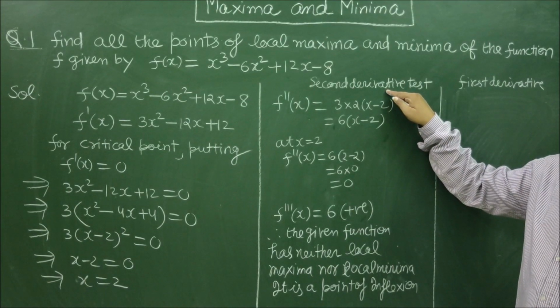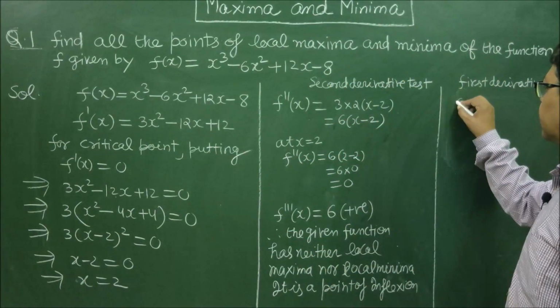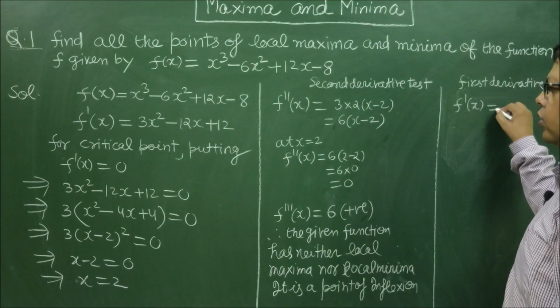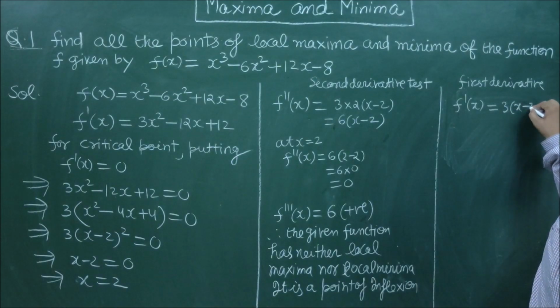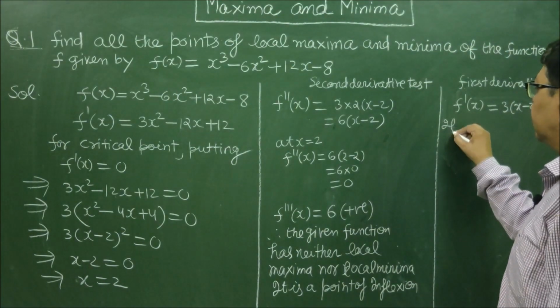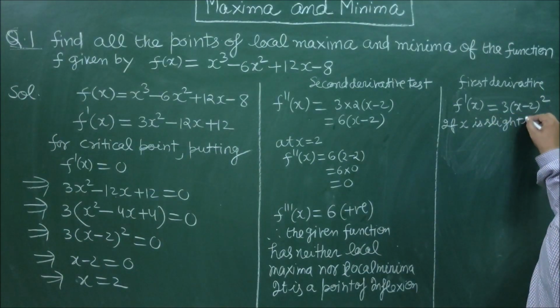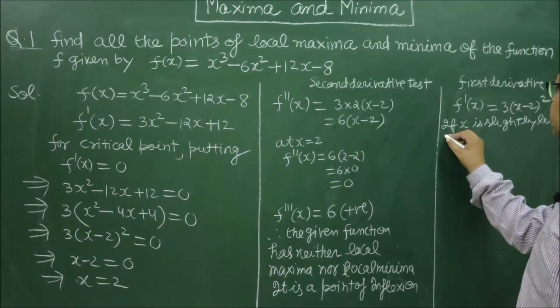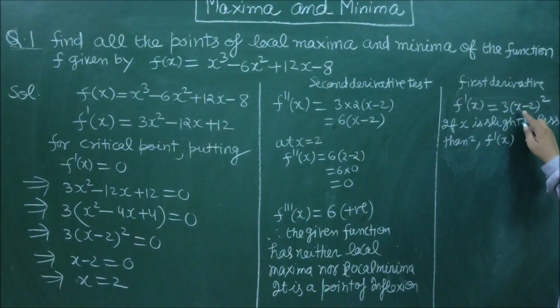If you want to solve it using the first derivative test, then let us write f dash x. f dash x is equal to 3 into (x minus 2) whole square. If x is slightly less than 2, then the sign of f dash x, if I put a value slightly less than 2, for example 1.9, because it is a square, this value will be positive.